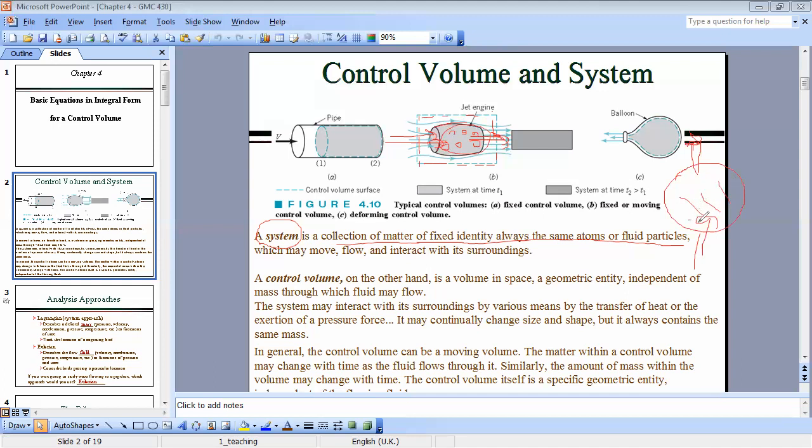But the mass will remain the same. So we can explore what is happening with this mass with time, but this mass is not changing. It can change in volume, because if you have an ideal gas, for the same mass I can have different volume depending on the pressure conditions.